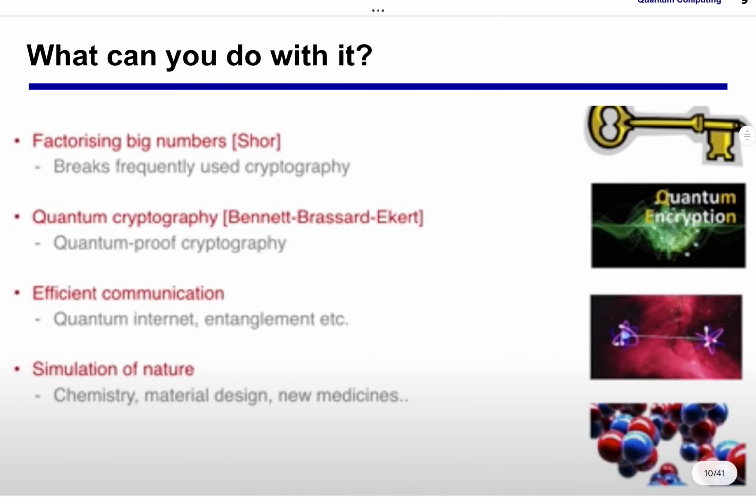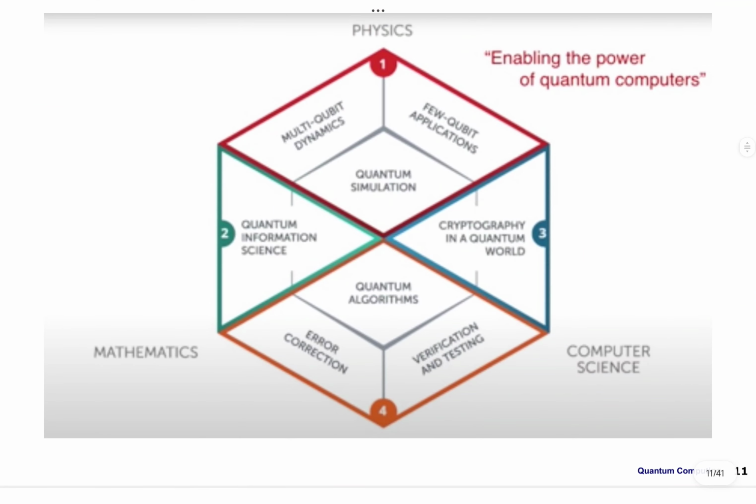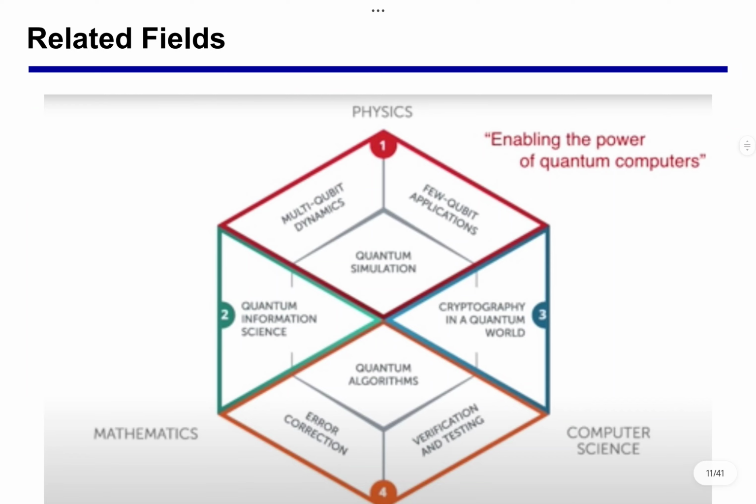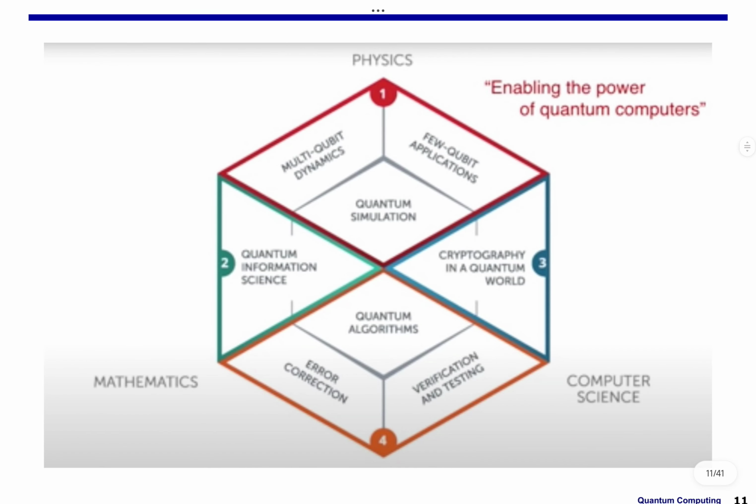Also, what can you do with it? Factoring big numbers, and these are some specific problems that a quantum computer can do now. Also related fields like quantum simulation, mechanics, science, physics, and so on.